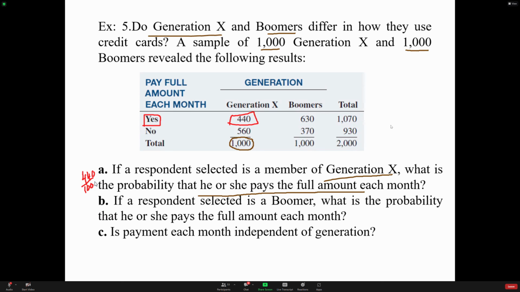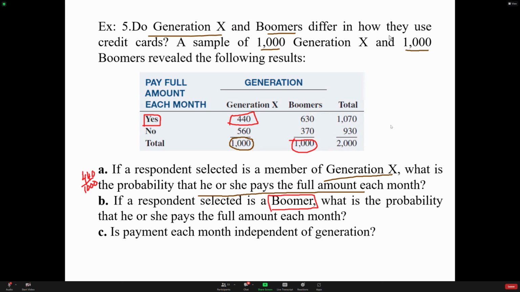Now, can you answer the next one? If the respondent selected is a boomer, this is again conditional probability. So you are looking at the boomers. There are 1,000 boomers. Now, what is the probability that he or she pays the full amount each month? Out of the boomers, how many will pay the full amount?